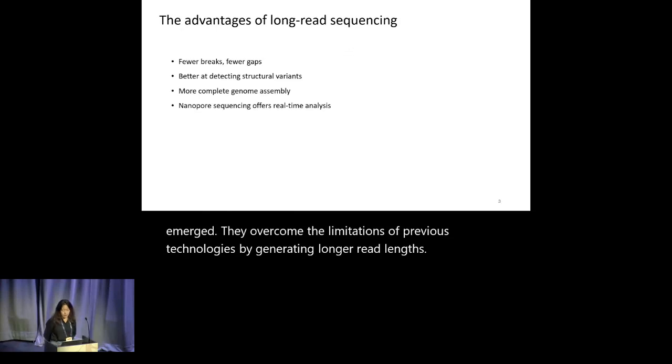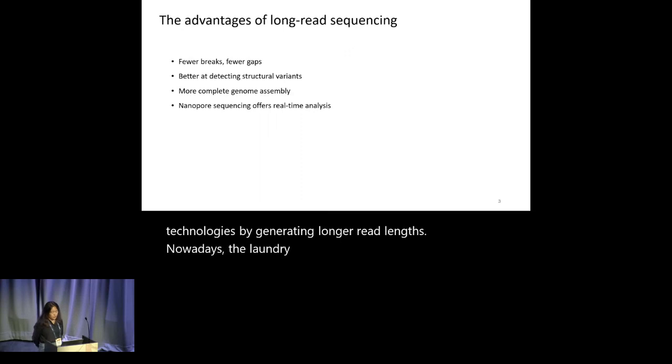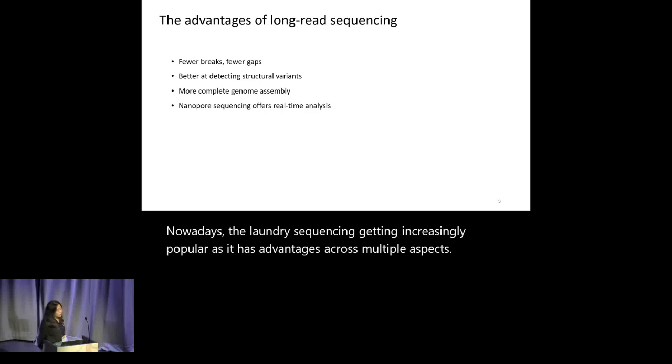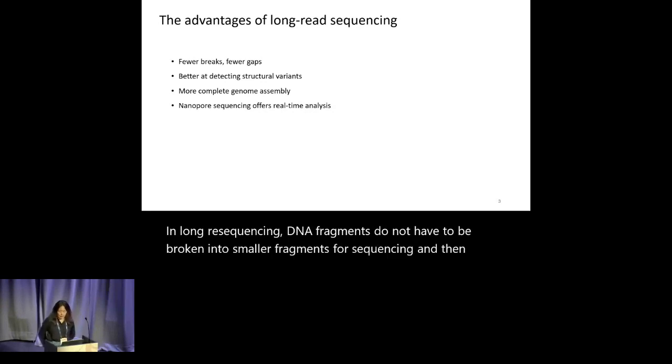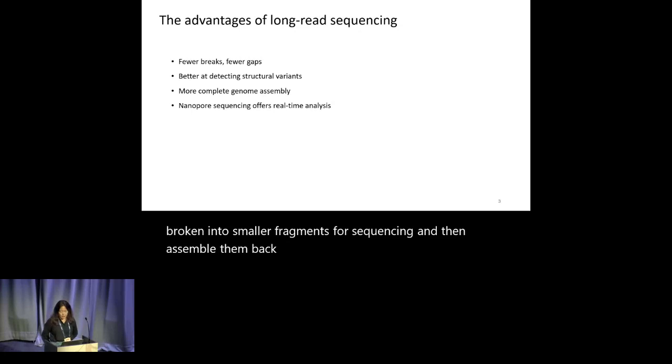Nowadays, long-read sequencing is getting increasingly popular as it has advantages across multiple aspects. In long-read sequencing, DNA fragments do not have to be broken into smaller fragments for sequencing and then assembled back for data analysis.